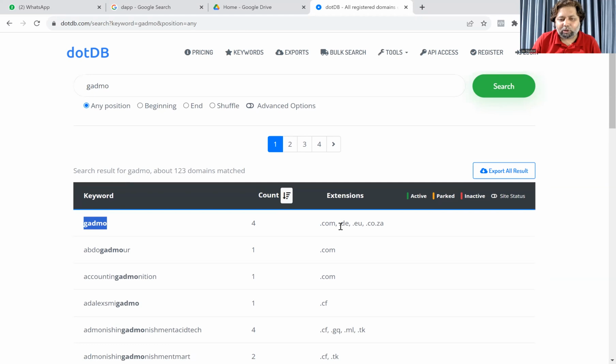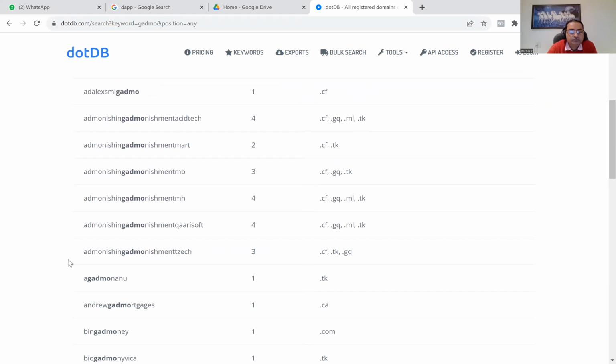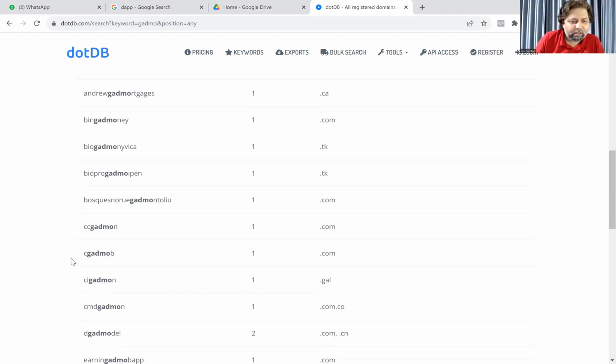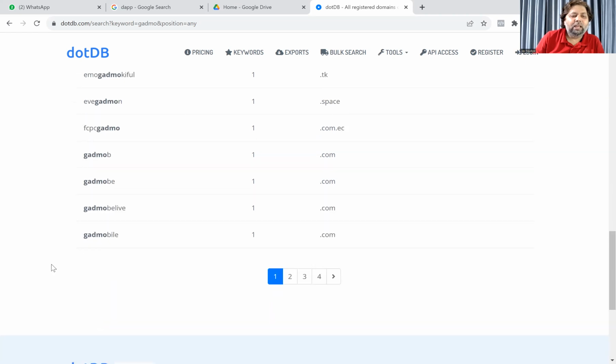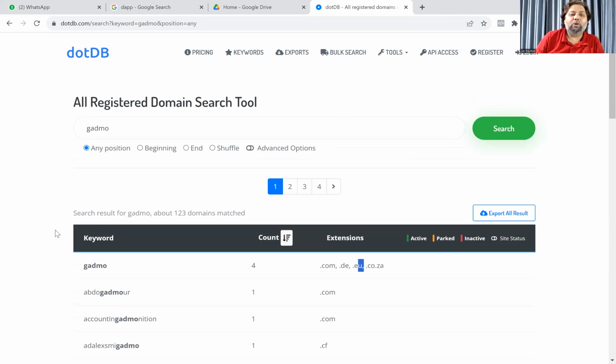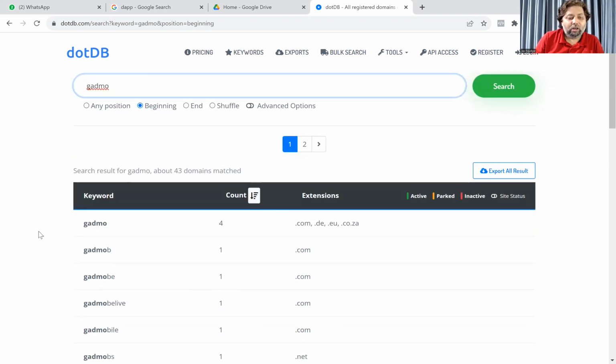Now I can see gadmo.de, gadmo.eu, gadmo.co.za, right? See, if I see gadmobile.com, gadmo America, gadmo Australia, like if I put this domain in the beginning, see, now gadmo.